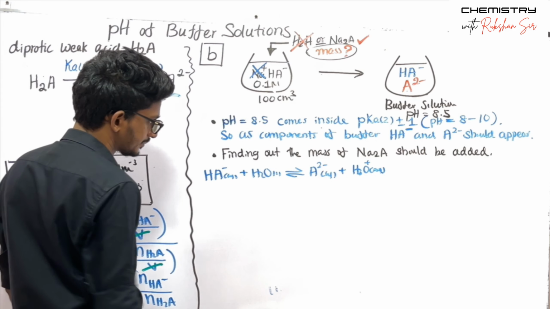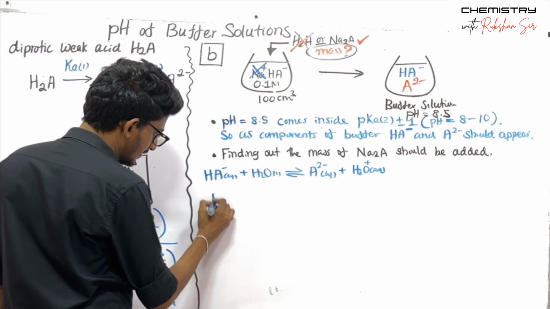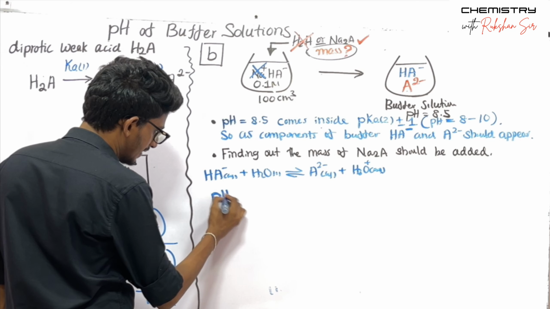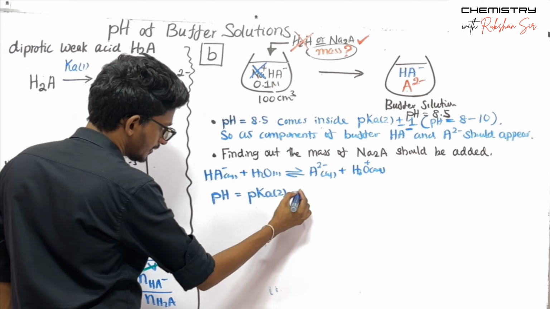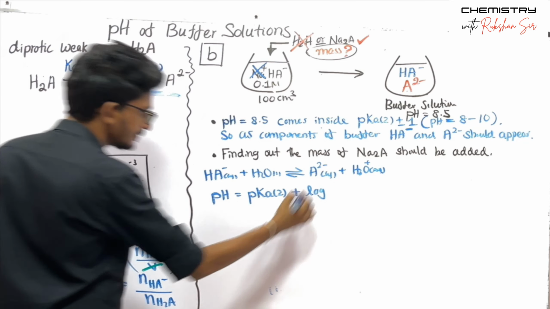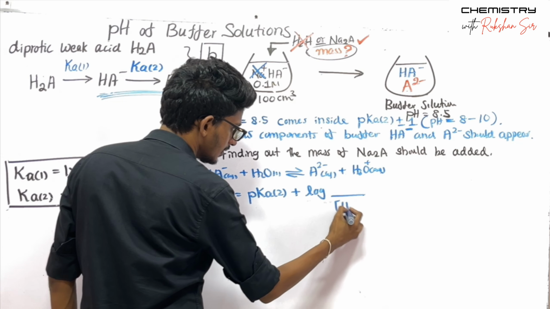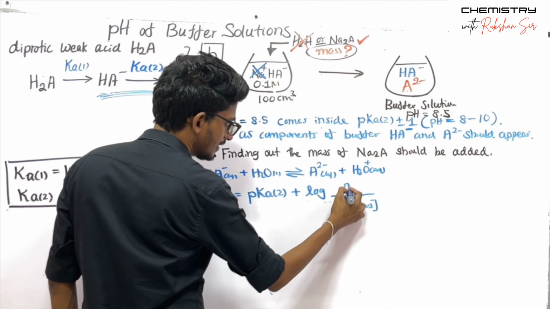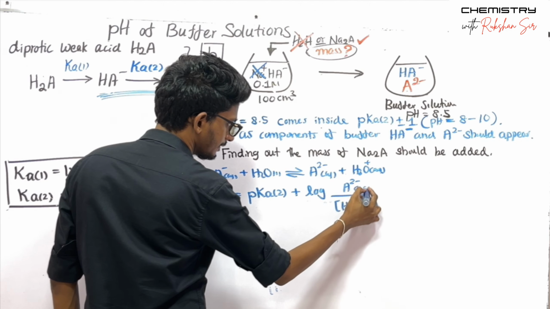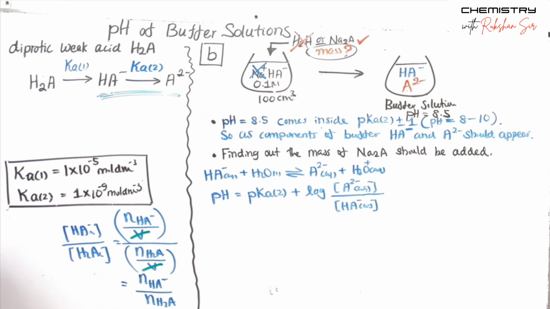So Henderson equation: pH is equal to pKa2 plus log, the acid at the bottom, HA minus, conjugate base at the top. Right?